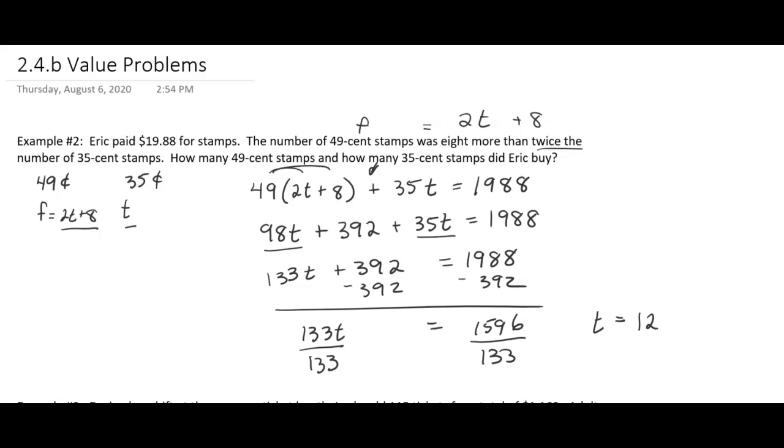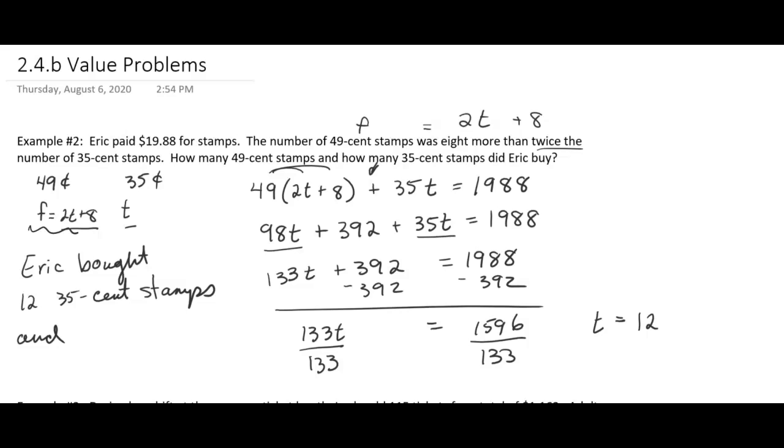Eric bought 12 35-cent stamps, and now how many 49-cent stamps did he buy?